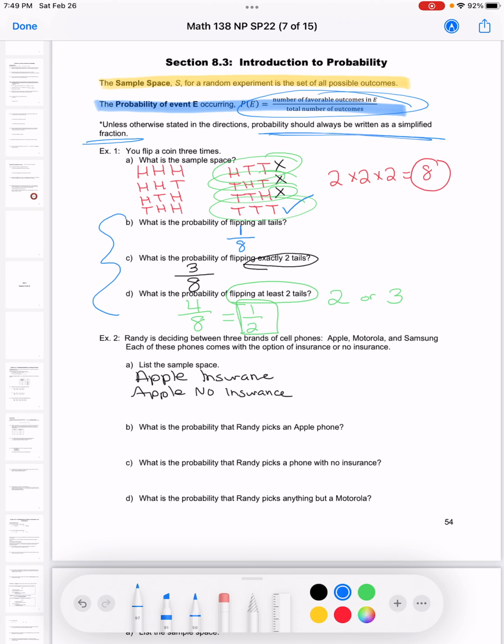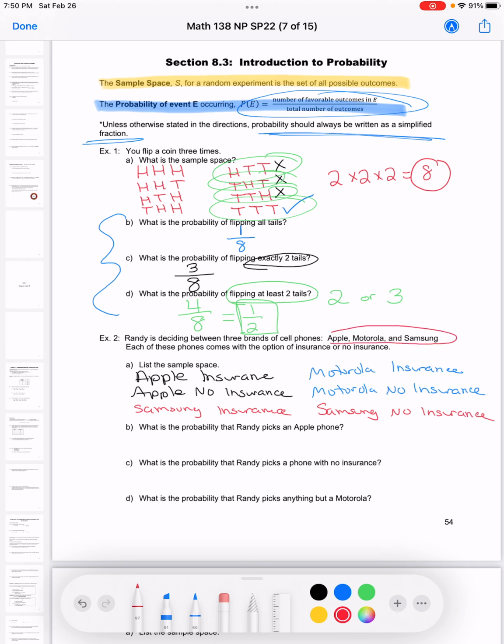I can then have the Motorola with the insurance and the Motorola with no insurance. And then last, I could have Samsung with insurance and Samsung with no insurance. So my sample space for this one, I had 3 types of cell phones and 2 choices for insurance. So I should have 6 items in my sample space, and I do.